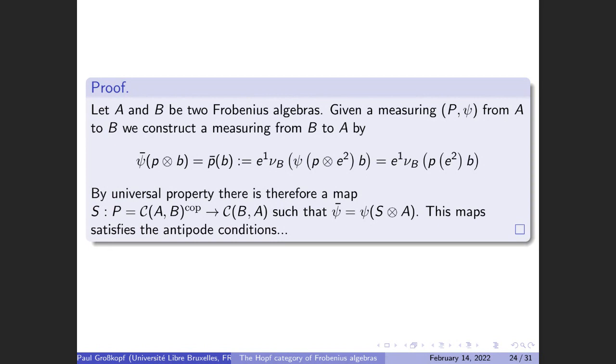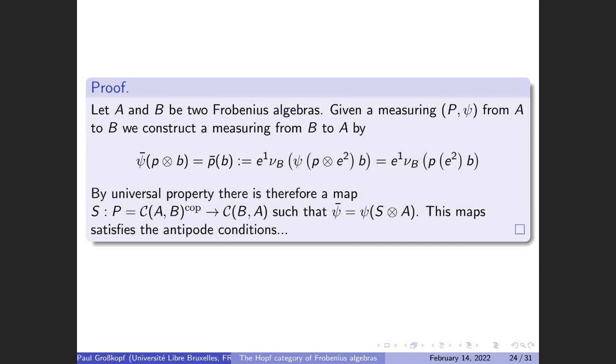And if I define my measuring like that, I can show, okay, this really forms a measuring, and by the universality of my universal measuring, I know that I can find a map that specifically does what I want on my measuring coalgebras, such that I have an antipode. So this is just a nice way of adapting that using a similar proof, and it quite holds.